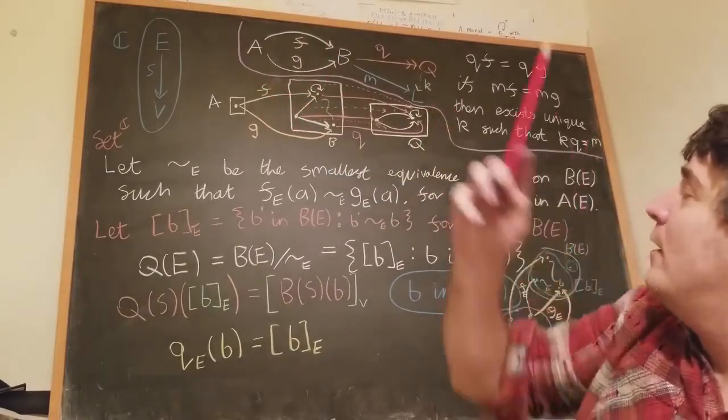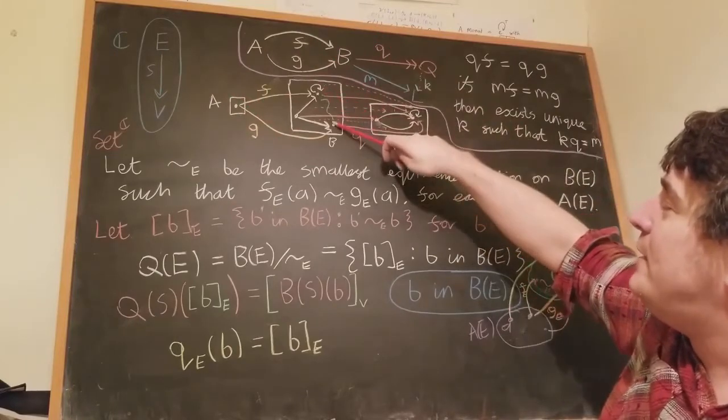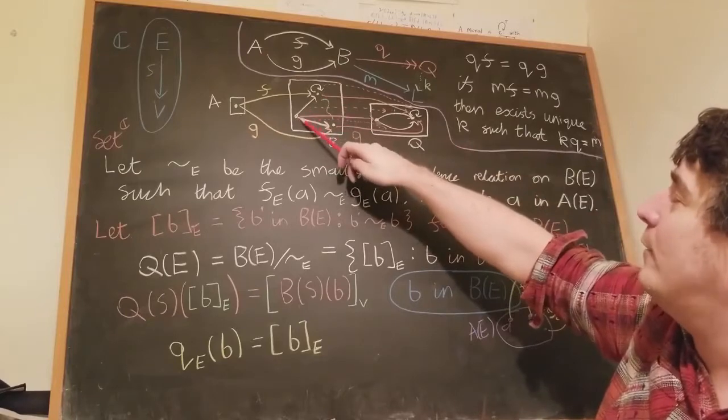Okay, so what that basically boils down to in this case is just saying, okay, these two things are going to be identified with each other, and this one's going to be left alone.